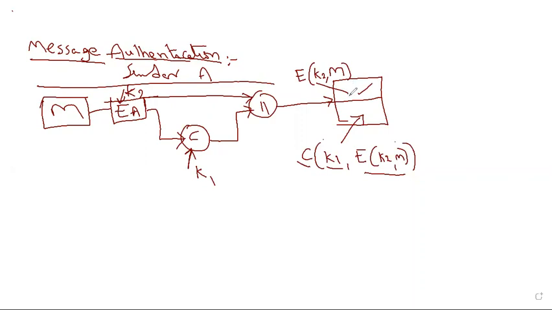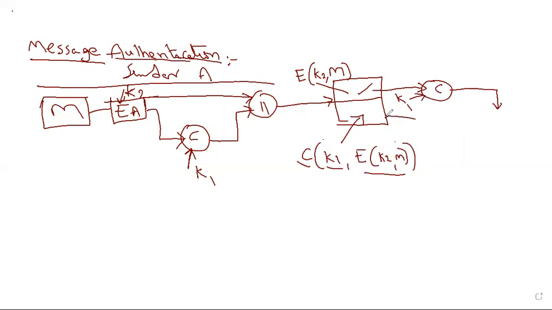So these two pieces of information are received by the receiver, right? Then what does the receiver perform now? The message authentication code is generated from the encrypted message, and the encrypted message is available here. So this encrypted message is inputted to the MAC function, which uses K1 as the key. From this he generates the MAC code, right?